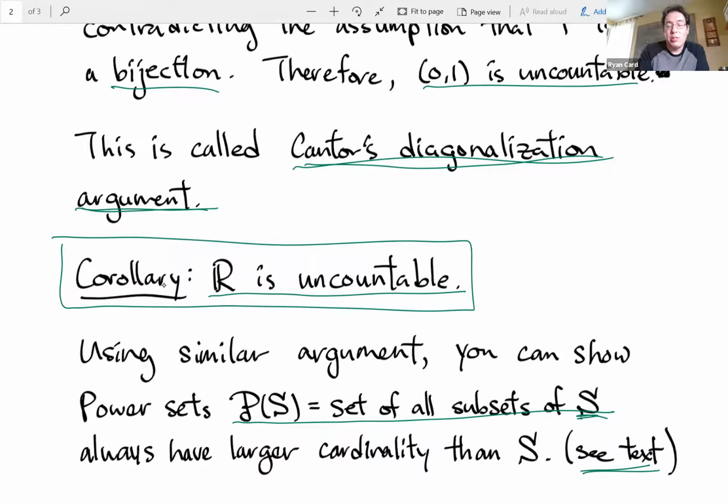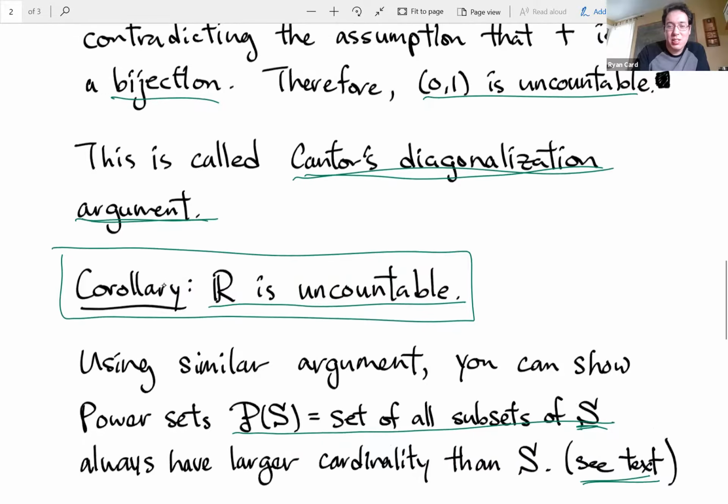So you could have infinitely many different sizes of infinity as well. I hope that made sense. It's kind of mind-blowing and hard to wrap your head around. But yeah, there are infinitely many different sizes of infinity.